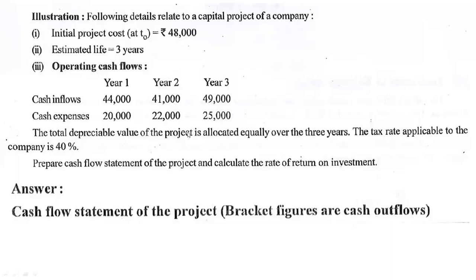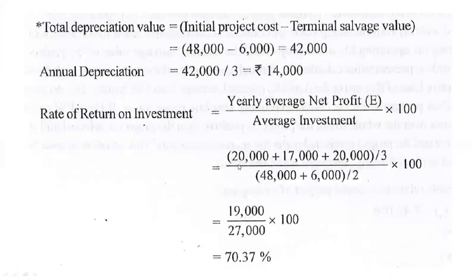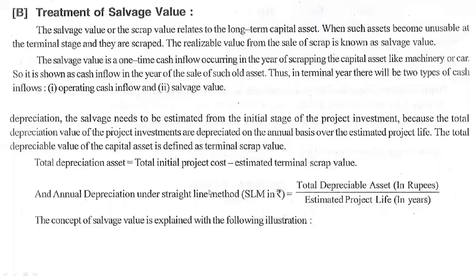The cash expenses are 20,000, 22,000, and 25,000 for the first, second, and third year, and also depreciation of 40%. Then we calculate using the formula, so we have to calculate the annual depreciation and the rate of return on investment.